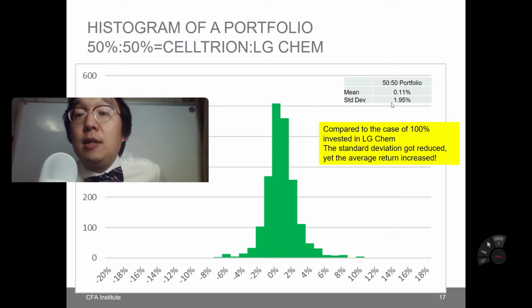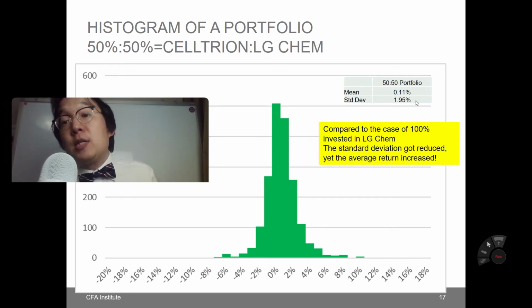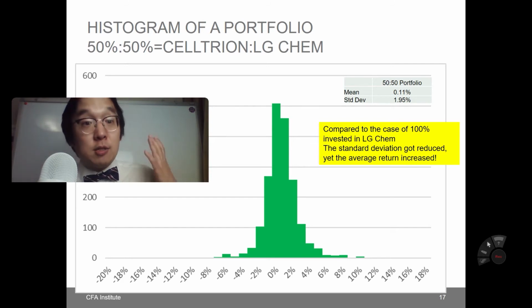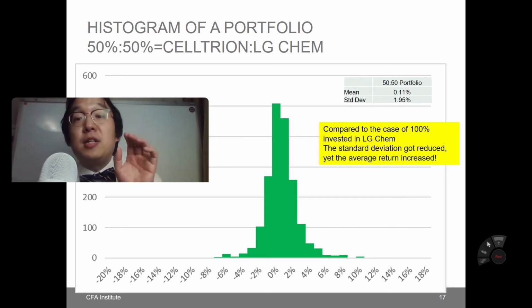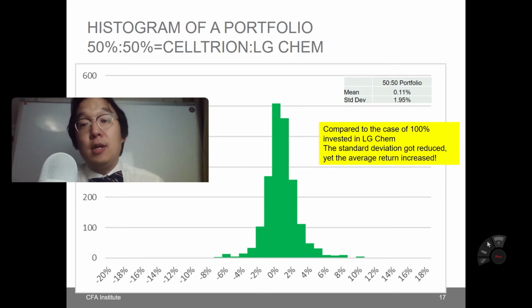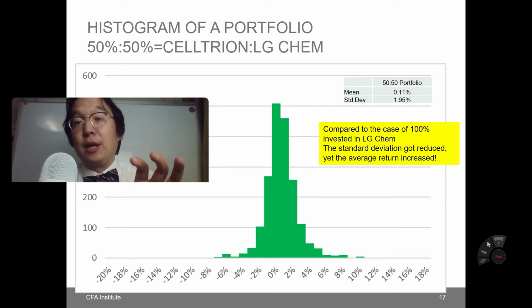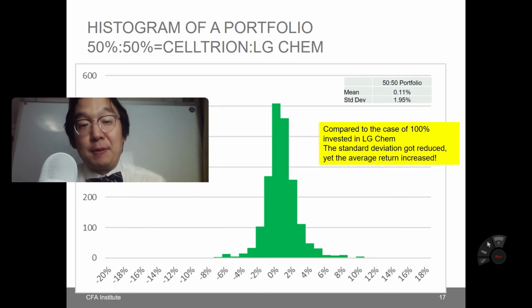Let's see the mean and then standard deviation of these returns. Mean is 0.11%, which is the middle of LG Chem and Celltrion, of course. Standard deviation is here. Interesting, very interesting. 1.955%.